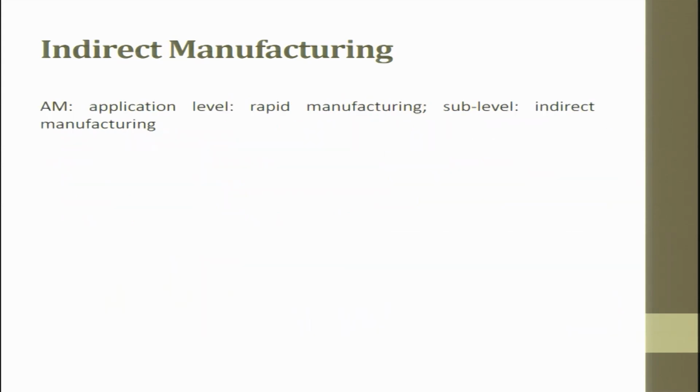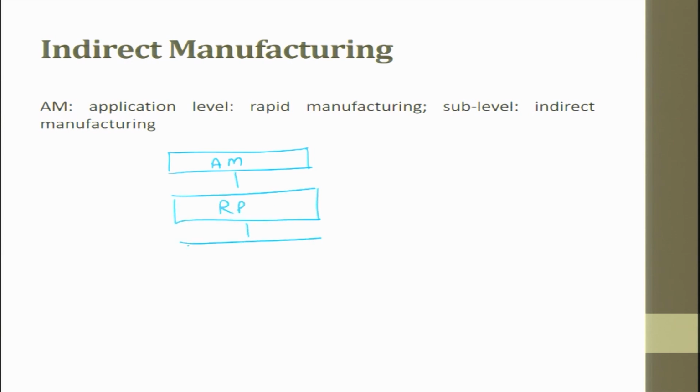So, now let us go back to the base diagram which we keep talking. Where does indirect manufacturing come? So, additive manufacturing, rapid prototyping, rapid manufacturing, and then we had our solid imaging and concept modeling, then we had our functional prototyping, then we had prototype tooling, then we have direct tooling, then we had direct manufacturing.